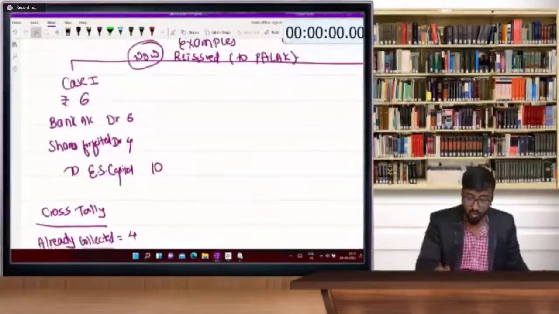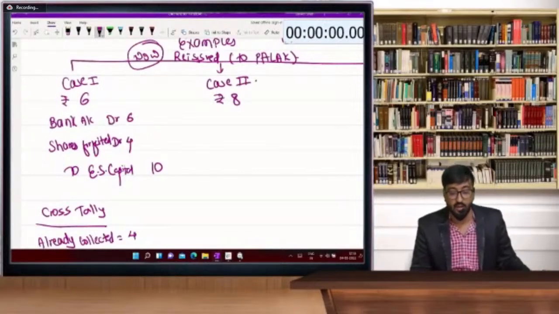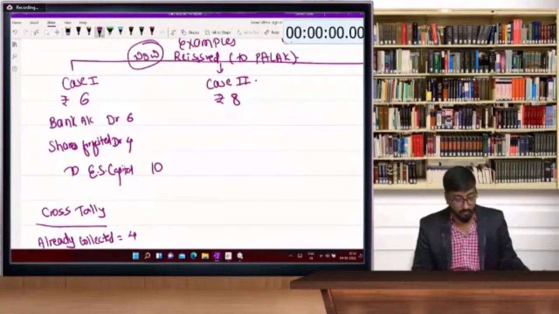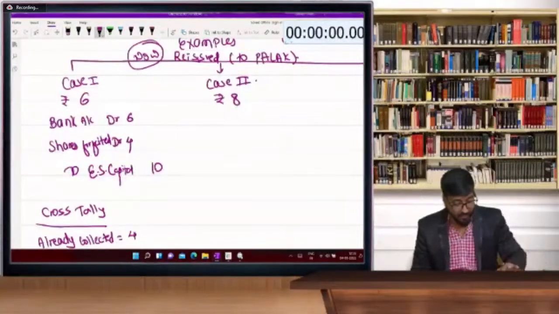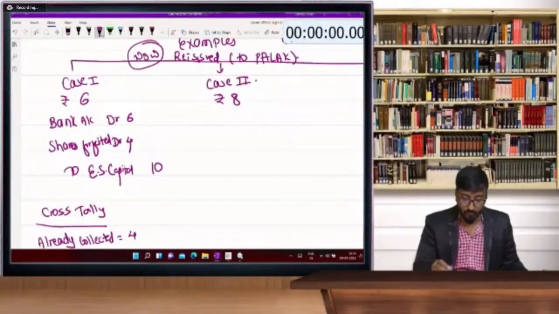Chalo, case 2, ₹8. Now tell me at ₹8, what is the entry? Yes, what is the entry, beta? Very easy.